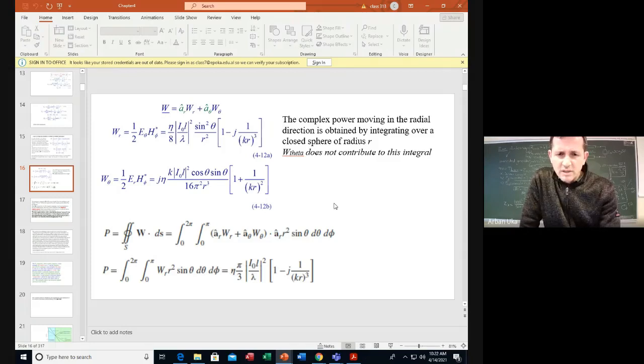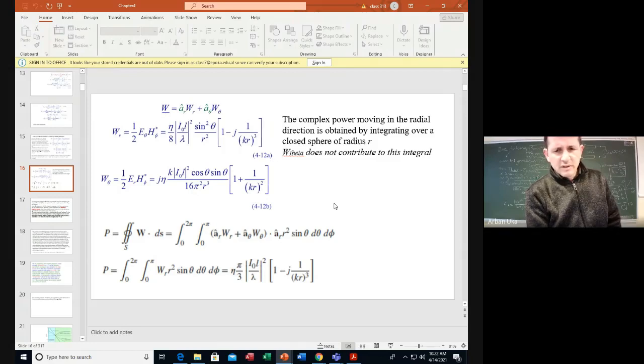In the near field regime, W theta changes as 1 over r to the power 5, right? Because if kr is very small, then 1 plus 1 over kr squared is equal to 1 over kr squared, because it's so large that 1 is negligible, and then we would have a dependency of 1 over r to the power 5.